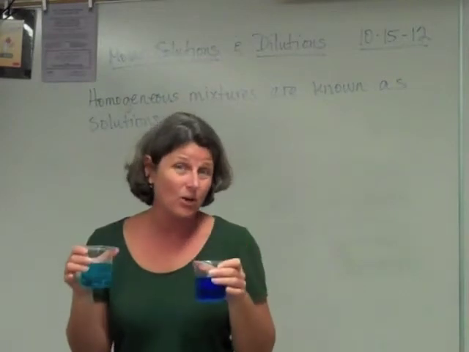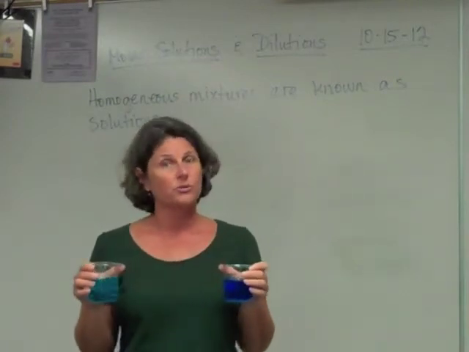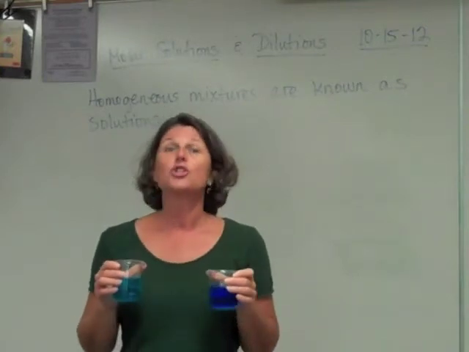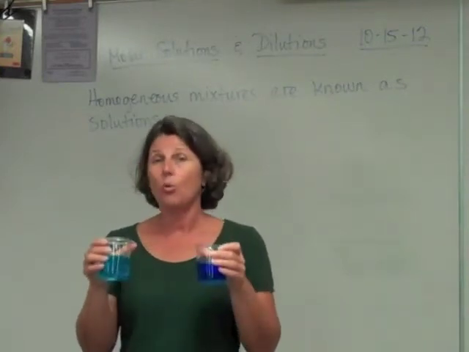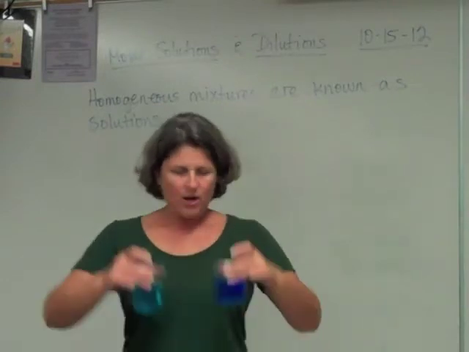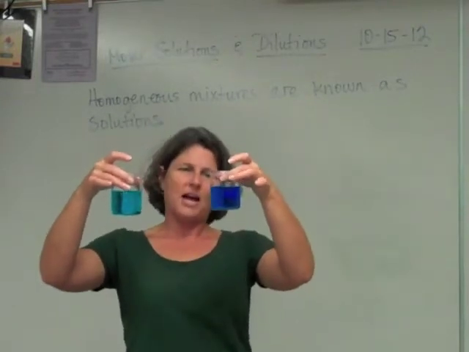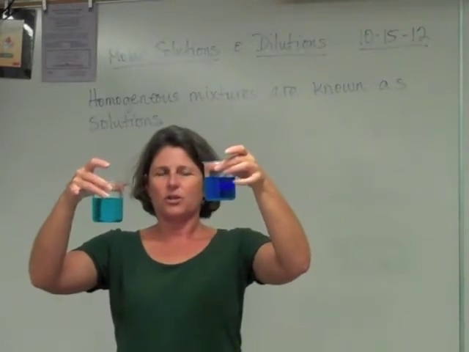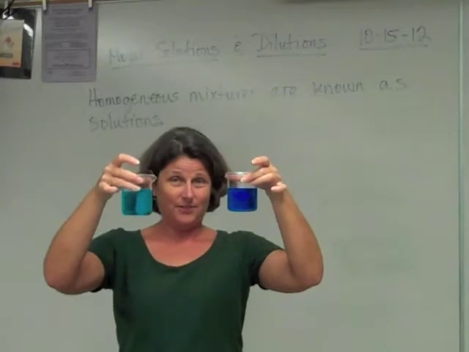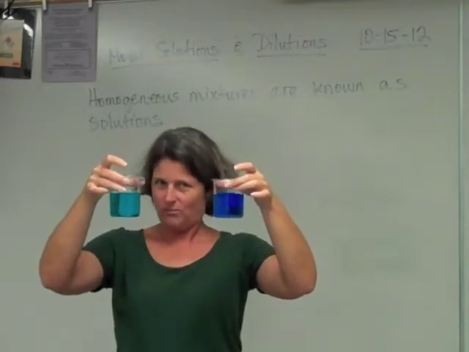And these are aqueous solutions of copper 2 nitrate, meaning that I have copper 2 nitrate dissolved in water, an aqueous solution. Now, why would one imagine that this beaker is a darker blue than this beaker? Okay, this is not a trick question, people.